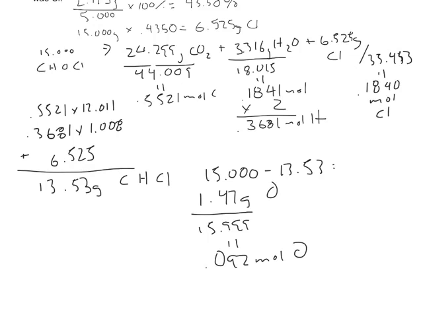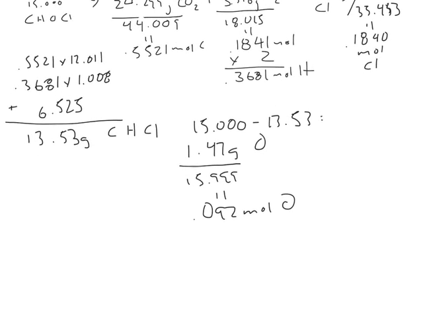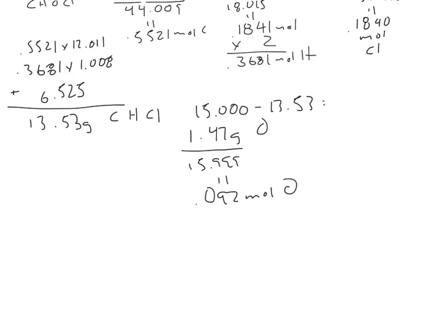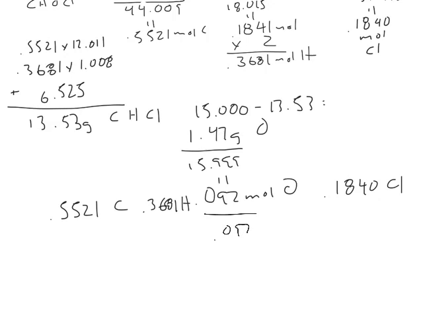Okay, and we're almost home because we've got moles of all of our elements. Time to normalize and call it a day. 0.5521 carbon, 0.3681 hydrogen, and 0.1840 chlorine. Divide out by the smallest, which is my oxygen moles, so dividing out by 0.092.